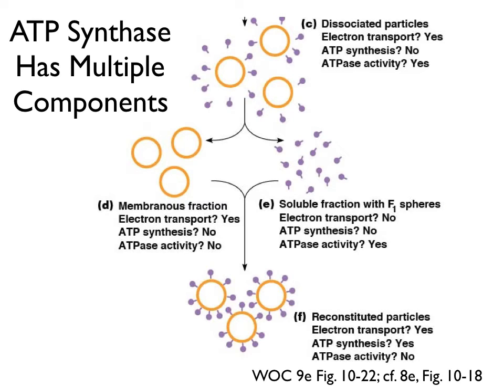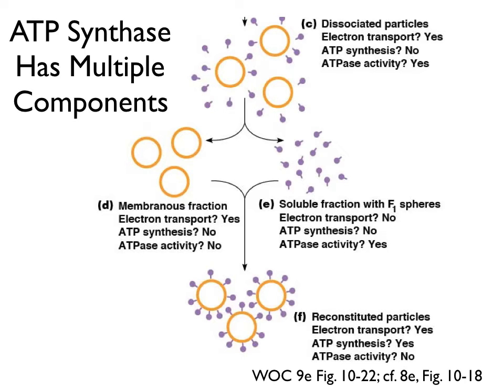Right, if we take these particles and we dissociate the lollipops, the proteins, from the membranes, we can show that electron transport still occurs. But now, interestingly, ATP synthesis does not. However, remember that ATP synthesis and the utilization of ATP to move ions through channels are reversible reactions, and it turns out in this case, now you don't drive ATP synthesis.